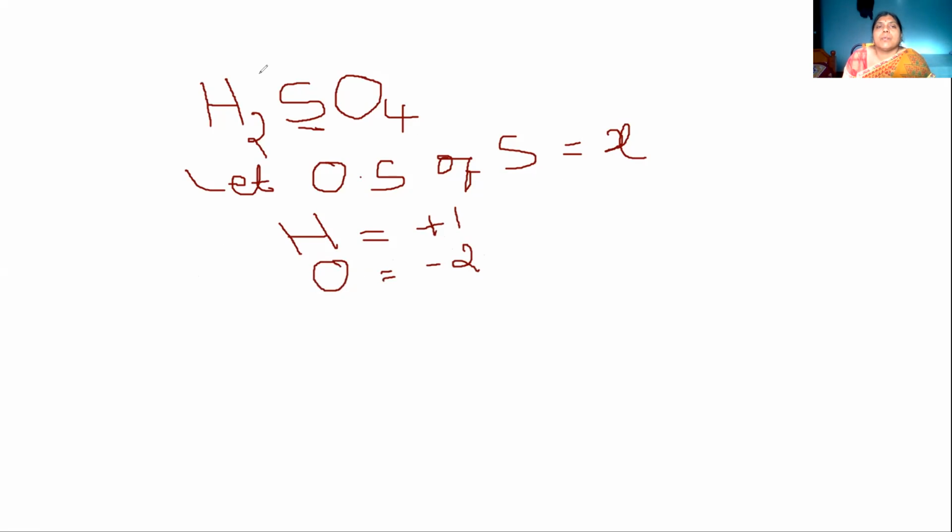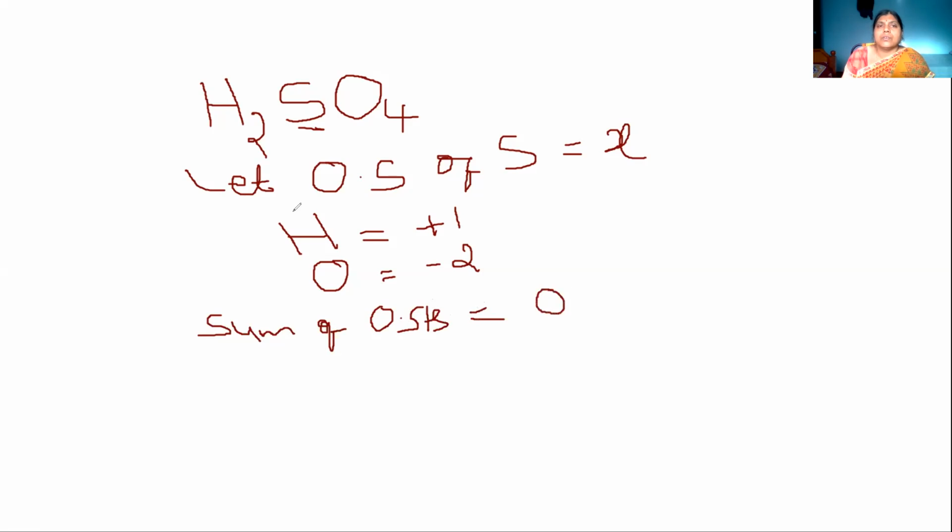Then you have to sum up the oxidation states of all the atoms in a molecule. So this is a molecule. So the sum of oxidation states is equal to what you have to take? 0.